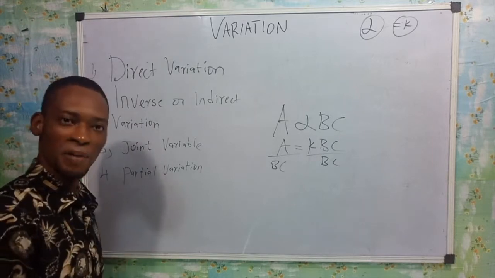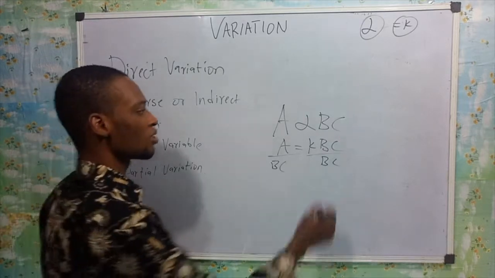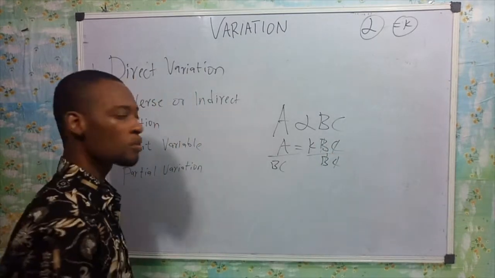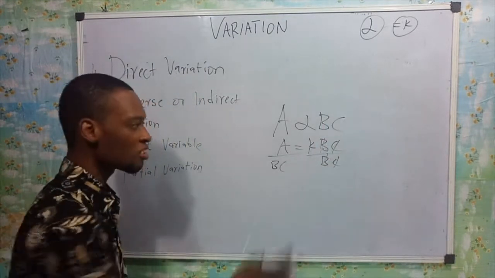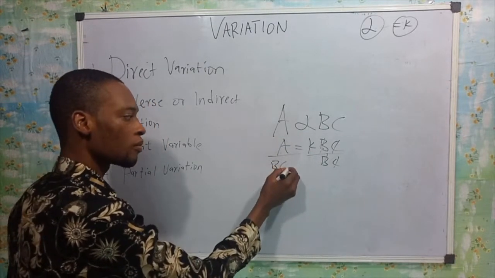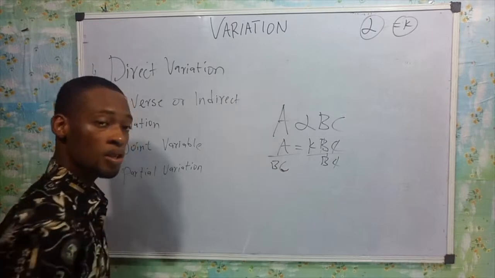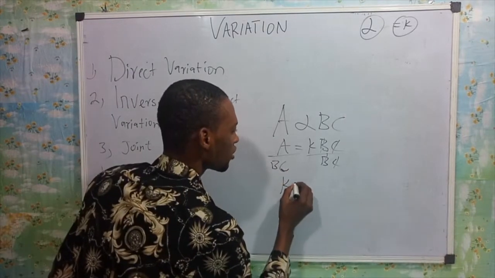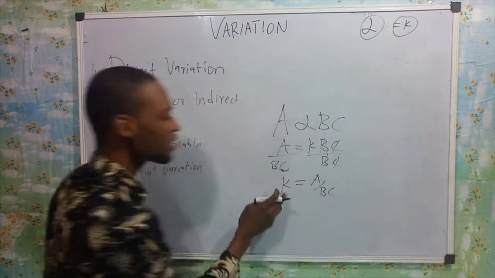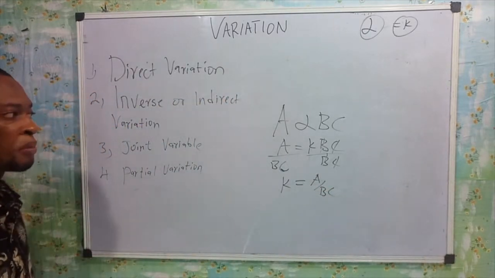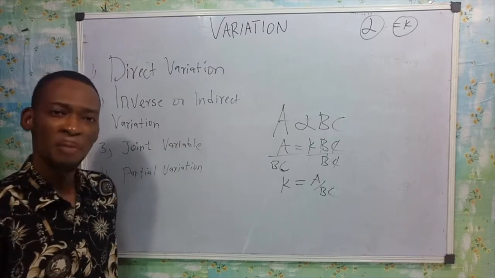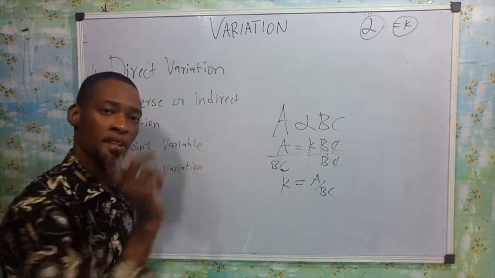Assignment, 0 divided by 0. So this divided by this will give you 1. This divided by this will give you 1. So 1 times 1 is 1. So it remains K. But this one you cannot divide because they are not the same. You get the gist. So now K equals A over BC. So we made K the subject of the formula, because in the first part of the question, we almost always are required to find the value of K.